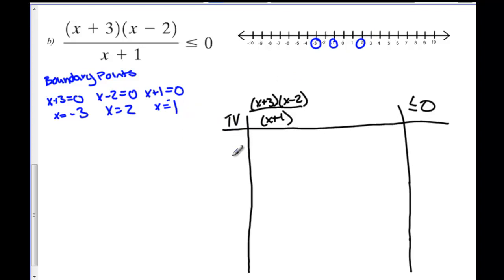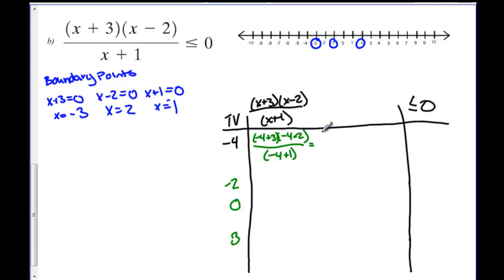Test values. What's your first test value? -4. All right, what's your next one? -2, 0, and 3. Beautiful. All right, let me space those out a little better. Okay, so we're going to plug in our -4. So we have -4 plus 3 times -4 minus 2 all over -4 plus 1.